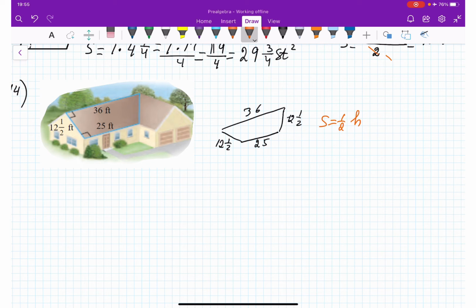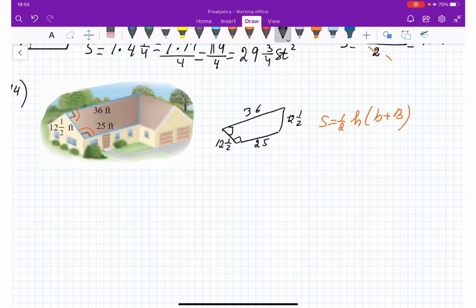Actually, it's already giving us that these are our right angles, which means this is going to be a right angle. So yeah, if I take it like that, this is a right angle, which means 12 and 1/2 is going to be our height.